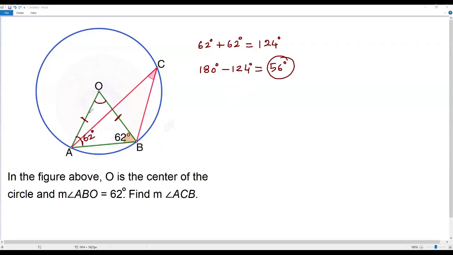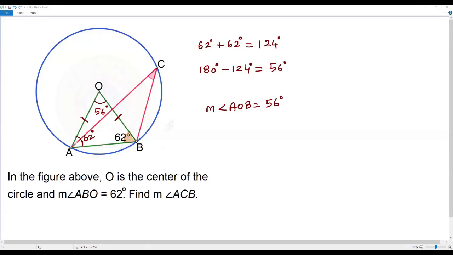So this is the measure of the third interior angle. If I add these three interior angle measures, they will add up to 180 degrees. Now I have the angle subtended by the arc AB at the center of the circle, that is, the measure of angle AOB equals 56 degrees.